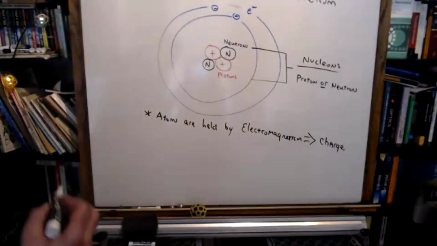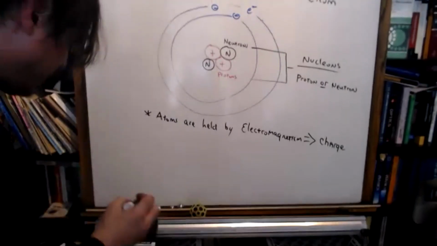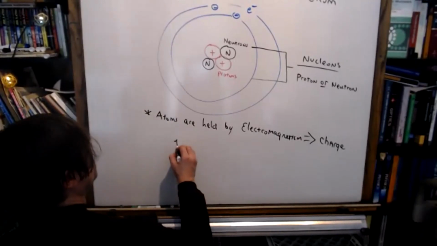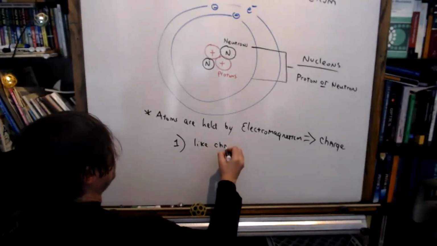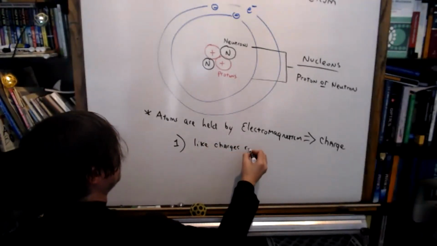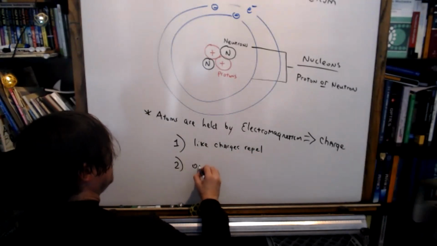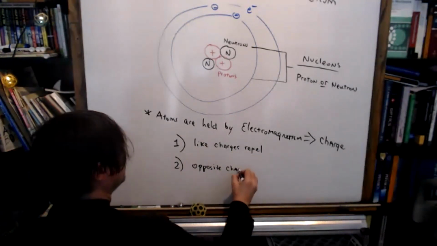And charge is a sort of abstract carrier of the electromagnetic force. There are 2 rules associated with electromagnetism and charges. One is like charges repel. The second law is that opposite charges attract.